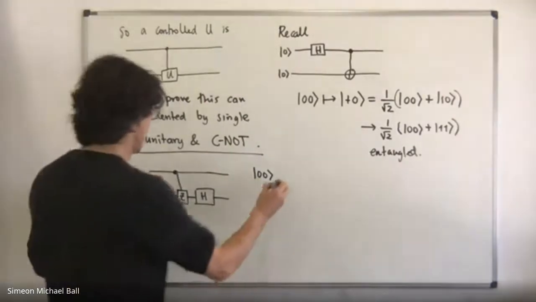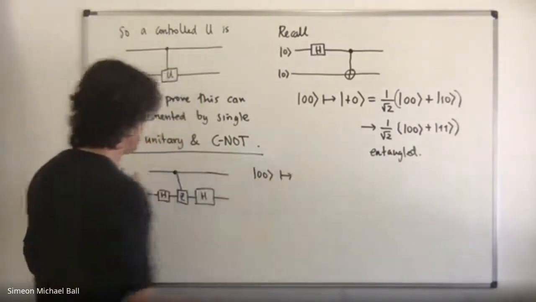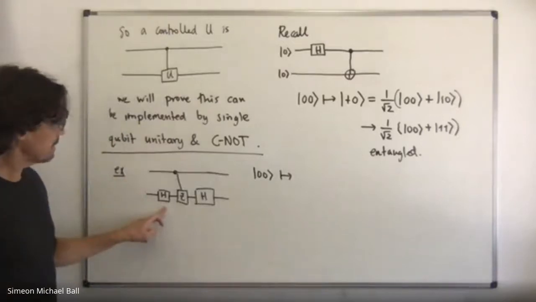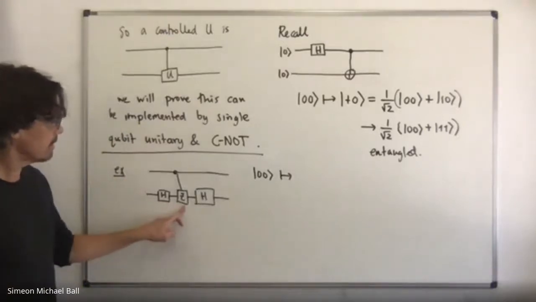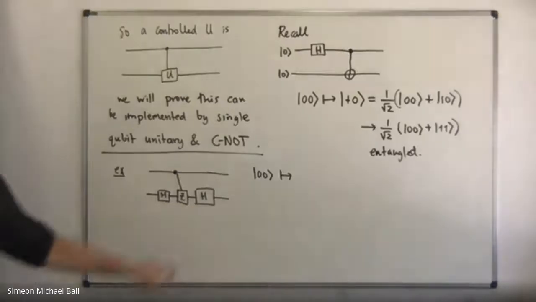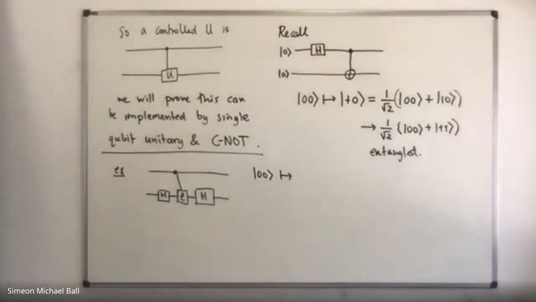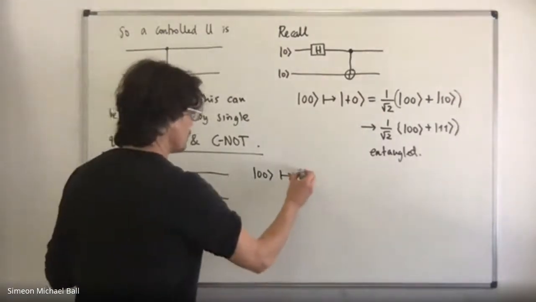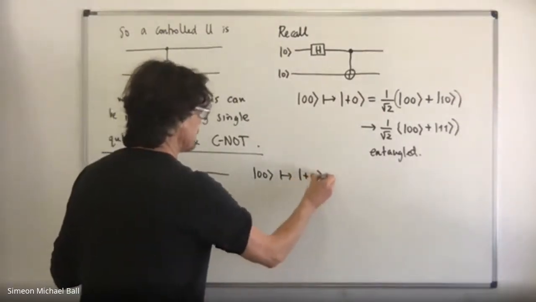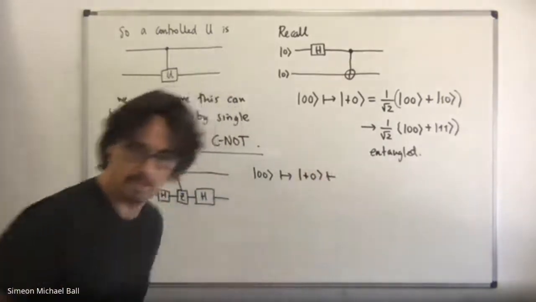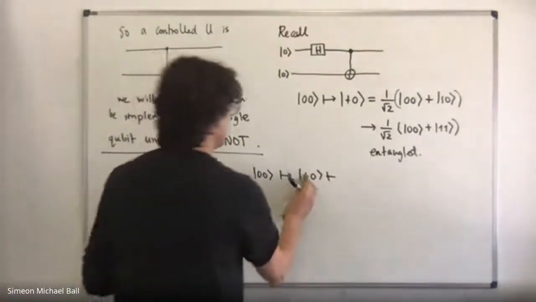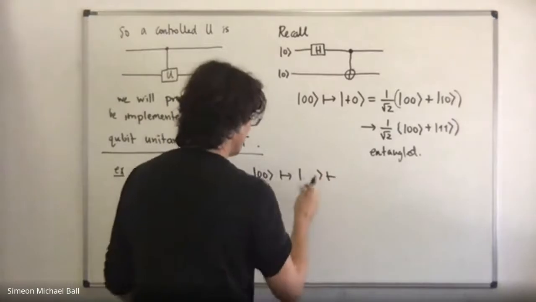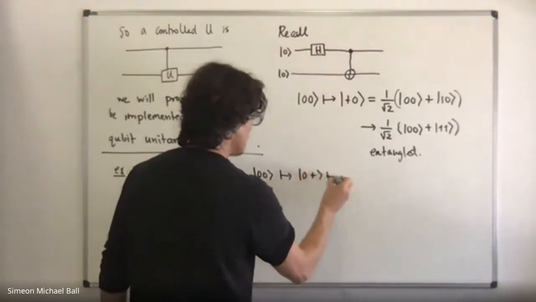So 0,0. It's going to be Hadamard. Nothing goes here, and then Hadamard again. Okay, so we see straight away that it goes to 0 plus.